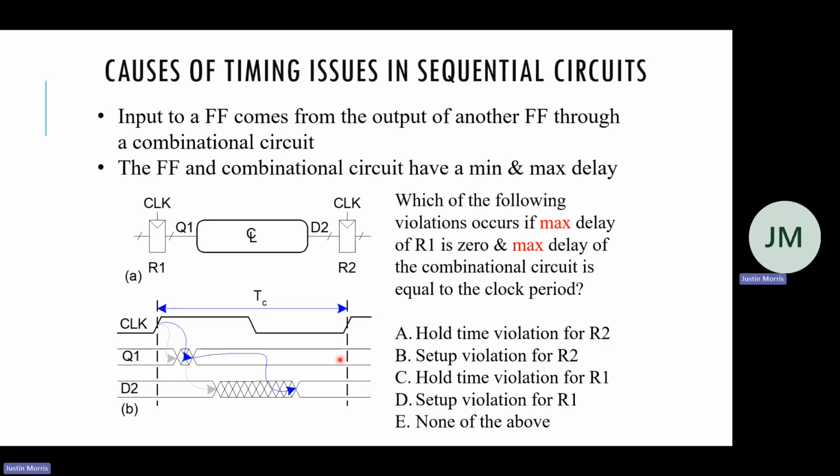Stable input before setup time, right? R2 has this setup time constraint, right? But if the combinational logic plus the delay of the register takes up the whole period, then it's not guaranteed that my input is stable before the setup time. So we have B, a setup time violation for R2.